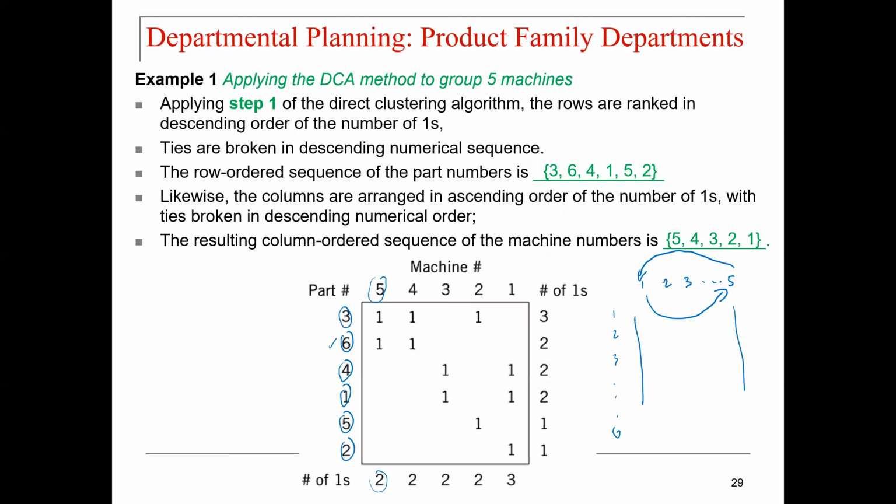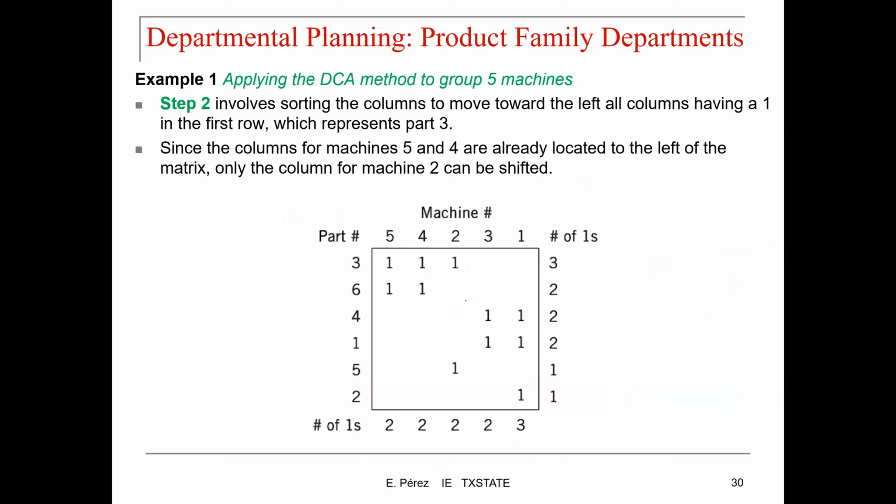So originally, this was the location of the 1, right? We start with the top row, and we are trying to shift the ones towards the left. So we need to move this column to the left, and that's what happened here. So 2 was moved to the left.